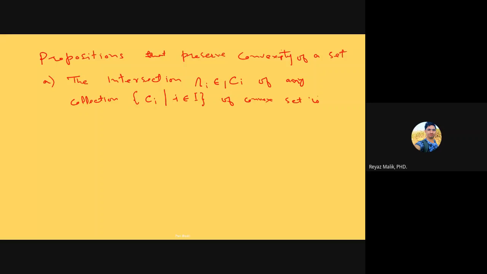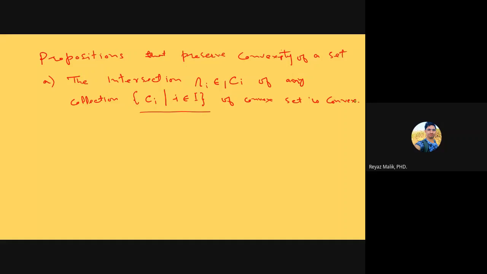So if we intersect different convex sets, the result is convex itself. That's the first proposition, which is important.